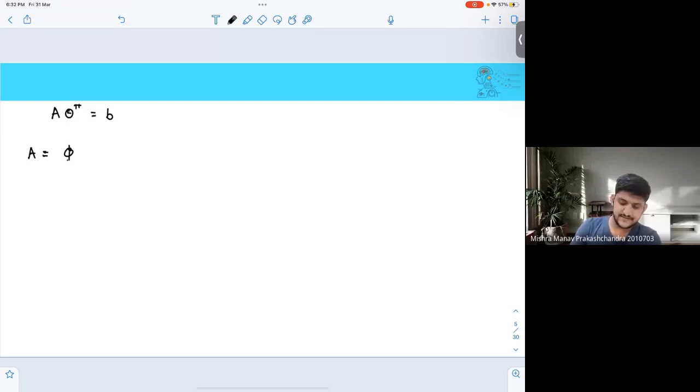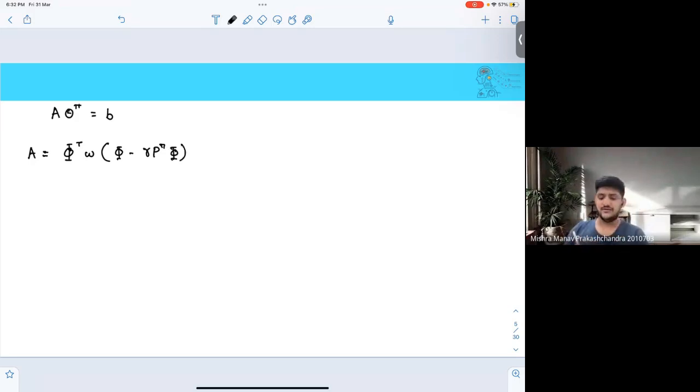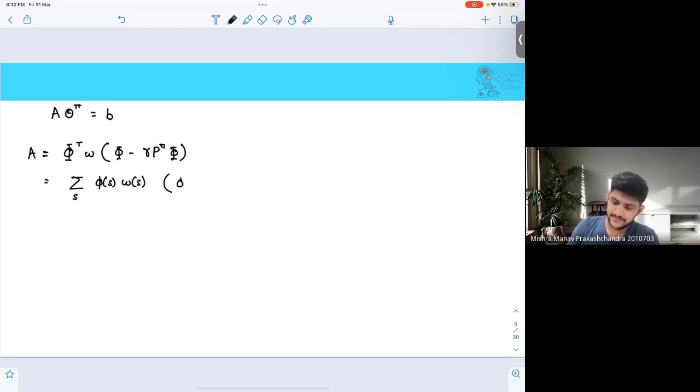my A is phi transpose W, theta minus gamma P pi phi. Okay, so this is how my A looks like. If I write it in the vector representation, it's the sum over all states phi(s) w(s) times phi(s) minus gamma, and this is the P pi matrix, right?